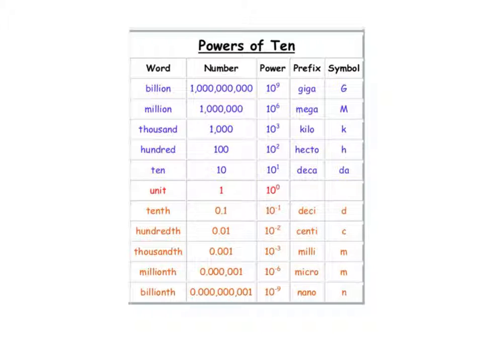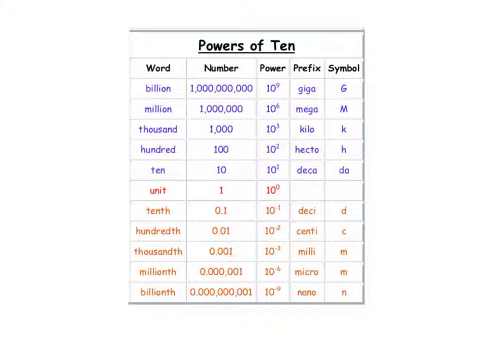Then if we get into our negatives, you can see that 0.1, or 1/10, is 10 to the negative 1. 1/100th is 10 to the negative 2. 1/1,000th is 10 to the negative 3.